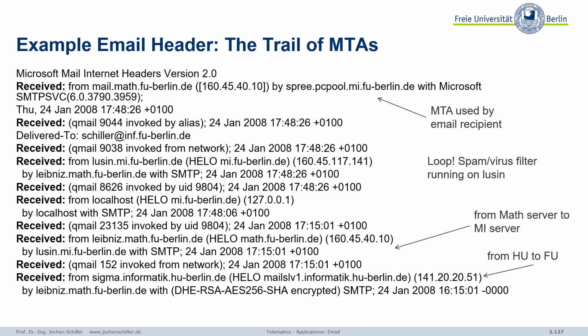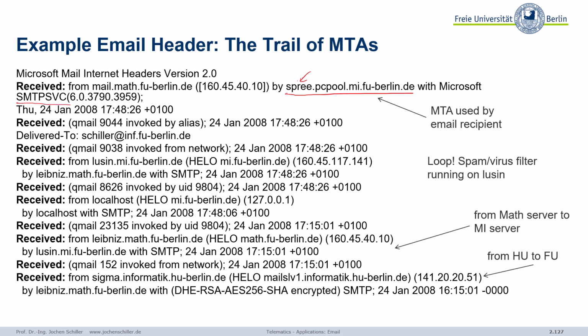Or if you read from top to bottom, you see this was the latest computer receiving the mail. So you see the computer Spree, river in Berlin, whatever, received this with a certain SMTP service, etc. That's not the point.